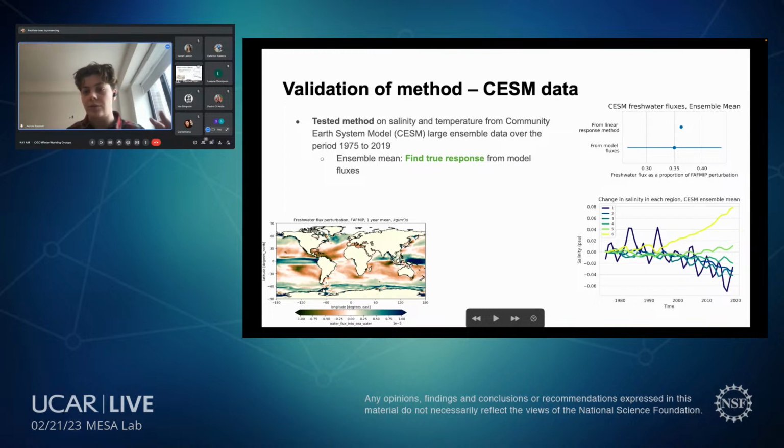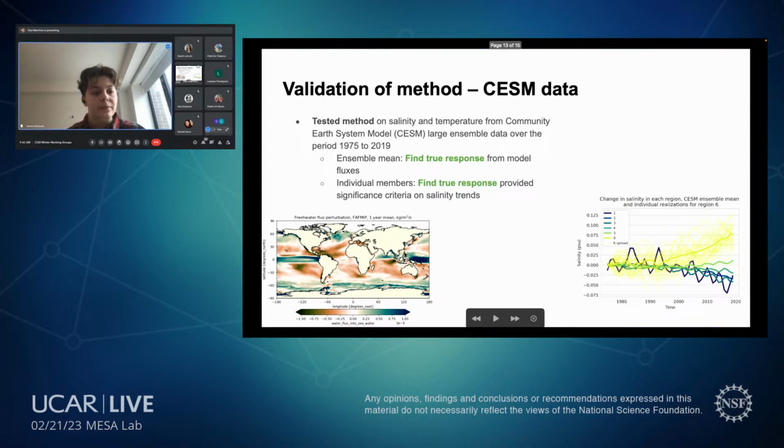The first is applying the method to salinity and temperature, and then we can compare that directly against model fluxes. The top row there is from the linear response method, and we get a value just over 0.35 times that step forcing map. The bottom is from model fluxes, and we can see that the value we got from linear response theory is well within the error range of the true value from model fluxes. So for the ensemble mean, the takeaway is that we can recover the true fluxes.